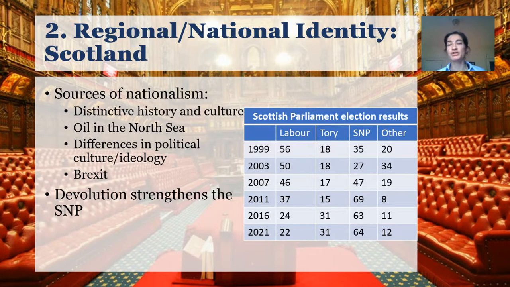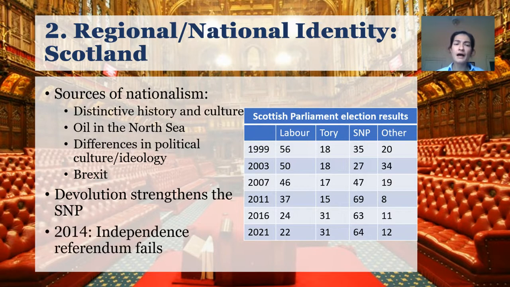And so devolution has really strengthened the one party that is most aggressively calling for independence. In 2014, as a result of the increased power of the SNP and the increased popularity of Scottish nationalism in general, the Parliament consented to have an independence referendum, and the government in London campaigned aggressively against this, but it went ahead, and in 2014 that referendum failed.